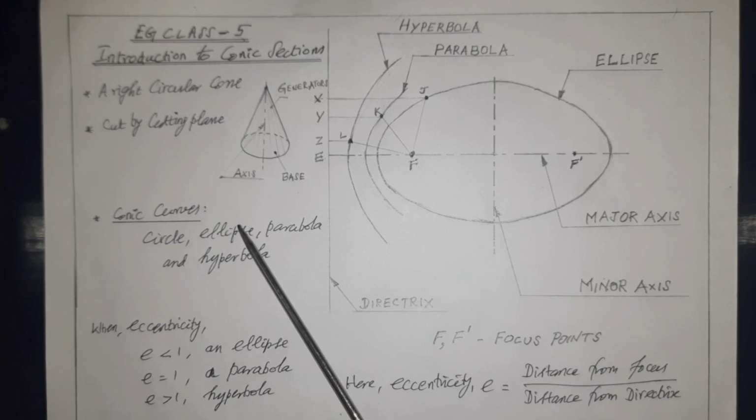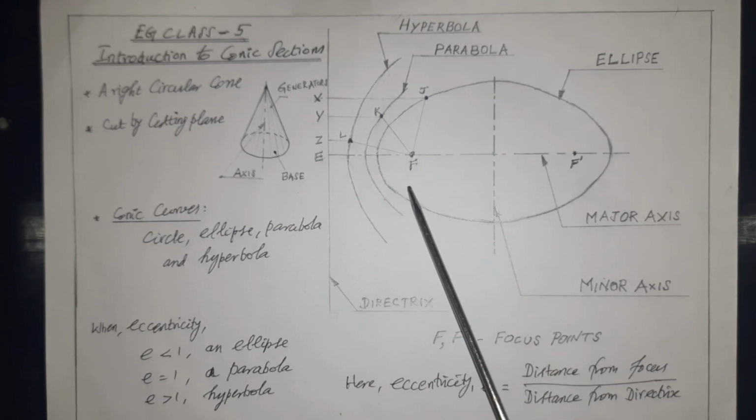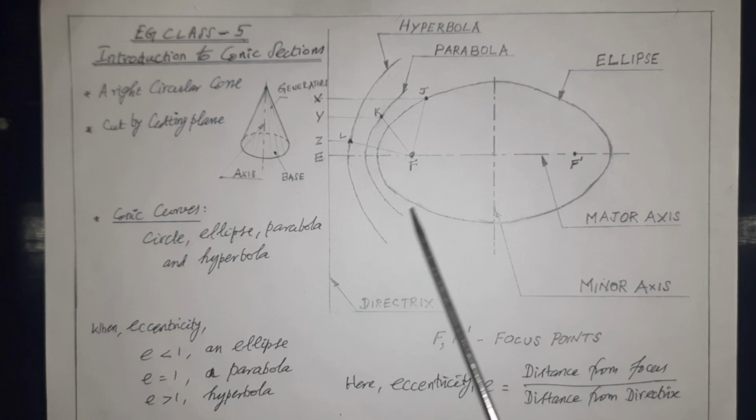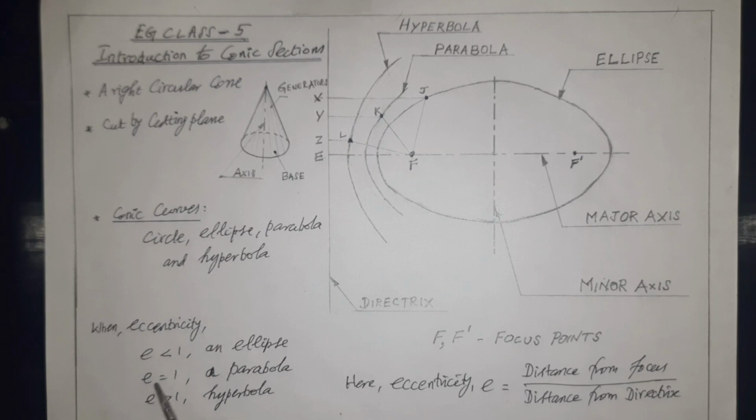Referring to the drawing, it shows the general terms used. There is also another condition to obtain these types of curves. When the eccentricity E is less than 1, it produces an ellipse. When the eccentricity E is equal to 1, it produces a parabola.